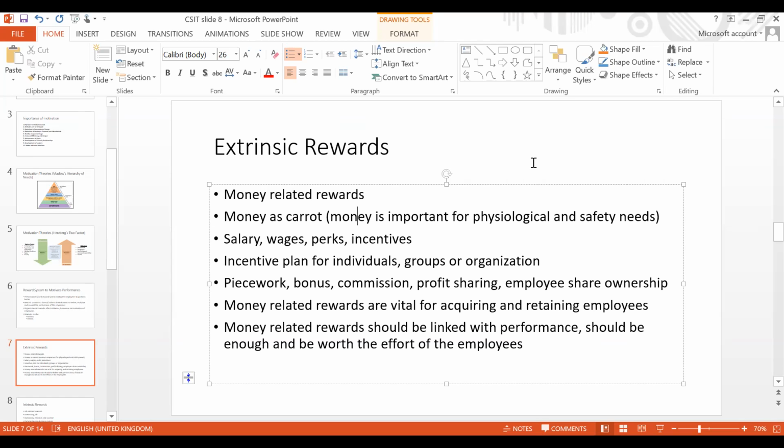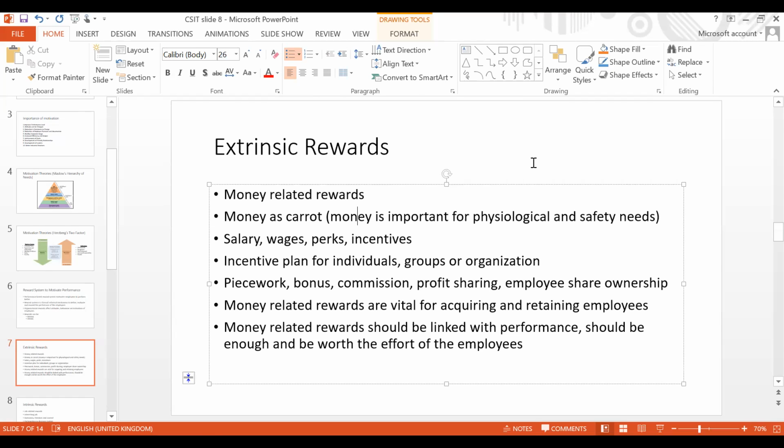So these are all money related reward systems, that is the extrinsic rewards. Money is something that is considered as a very important thing by everybody. So money related rewards, which are called the extrinsic rewards, have to be there in the organization to have motivated people.